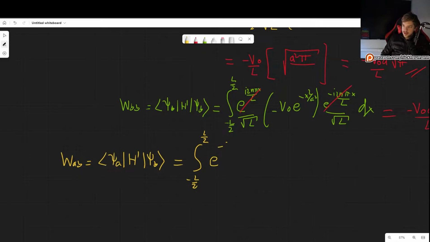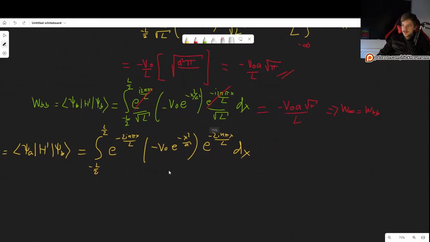So we get e to the minus 2i n pi x over L. And then we have H prime, which is minus V0 e to the minus x squared over a squared. And then we have e to the 2i n pi x over L dx. Minus, sorry, because this is psi B.